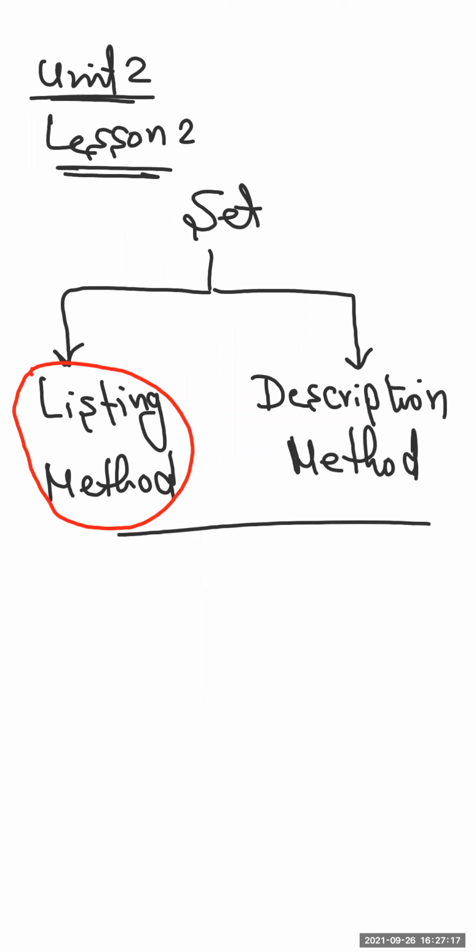Listing method here, we will express the set by writing the elements of the set between two braces. Braces means brackets like this one. And then we will place a comma between each two elements.